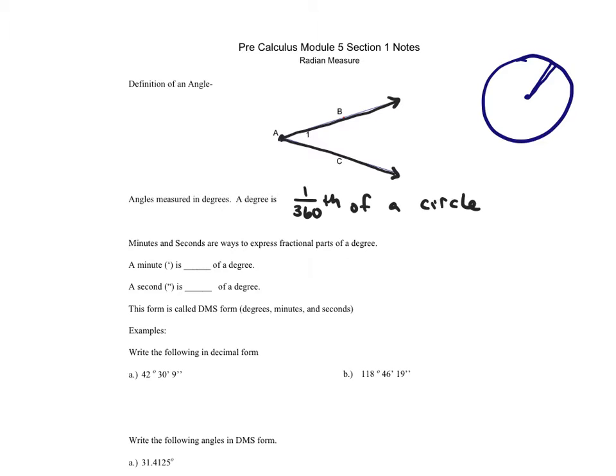Now, another way we like to measure angles is if we try to measure smaller parts of angles. So if we have 1 degree and 2 degrees, there are infinitely many degree measures in between those two, all the decimals and things like that in between them. So we like to have a little more specific way to measure those, and we call that minutes and seconds.